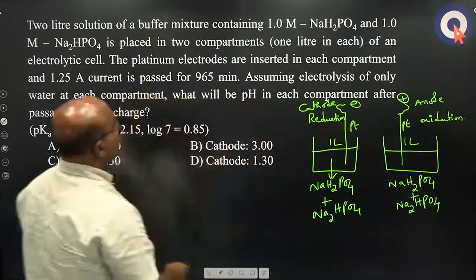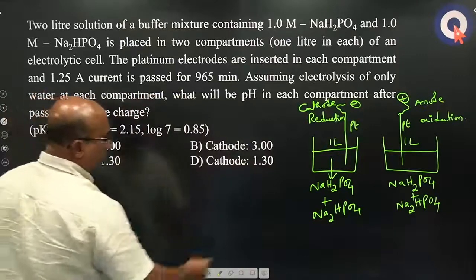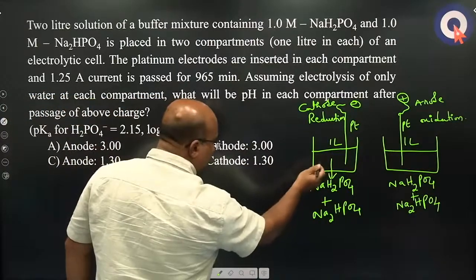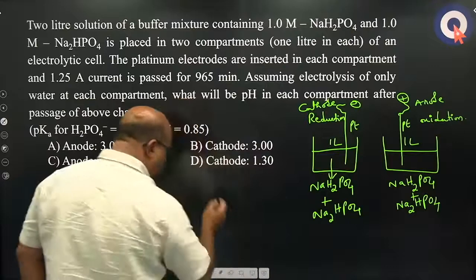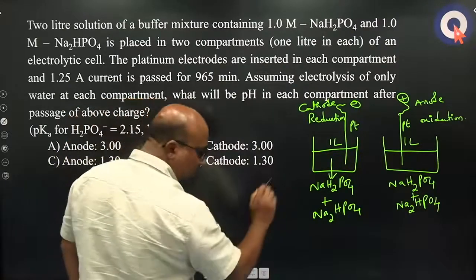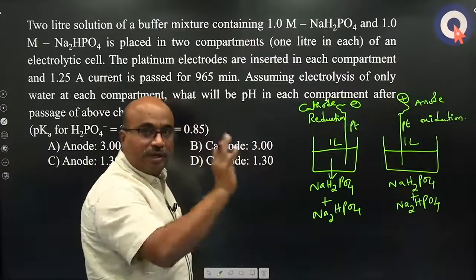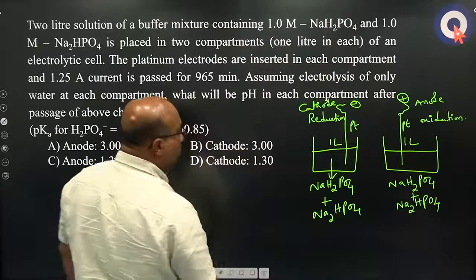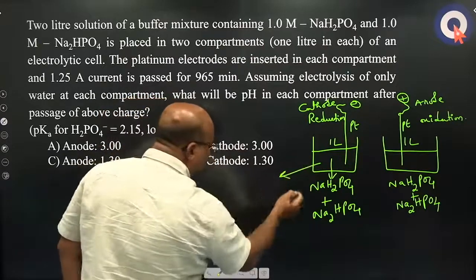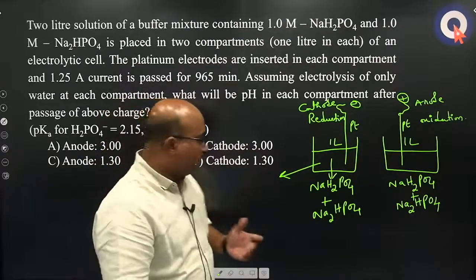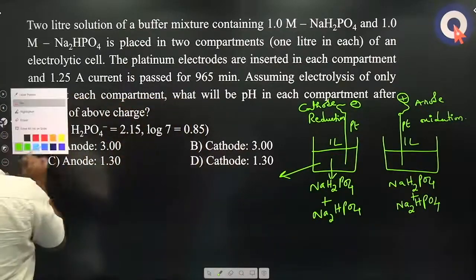So when we pass current, what will happen? There is a reduction. So H plus reduction takes place here. So I can say water reduction, nothing but H plus reduction. Water oxidation, nothing but H plus is coming. So what happens here? Otherwise, you say water reduction gives, just use this basic condition.